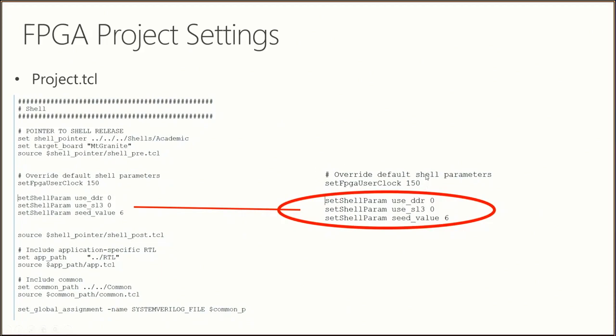You can also set the clock frequency here. If you think your code can run faster, like your timing constraints are all met with high positive slack, you can increase the user clock frequency here. Or if you think it's hard for you to meet the timing constraint, you can decrease the clock frequency.